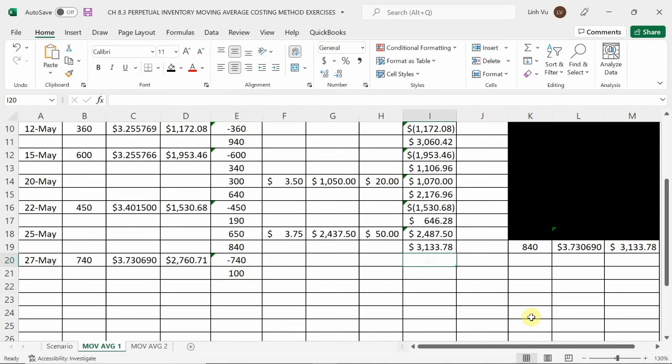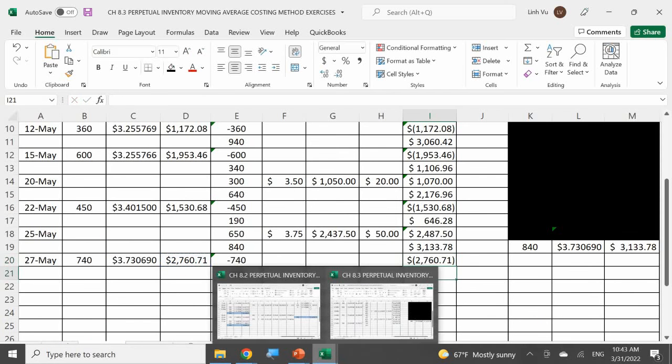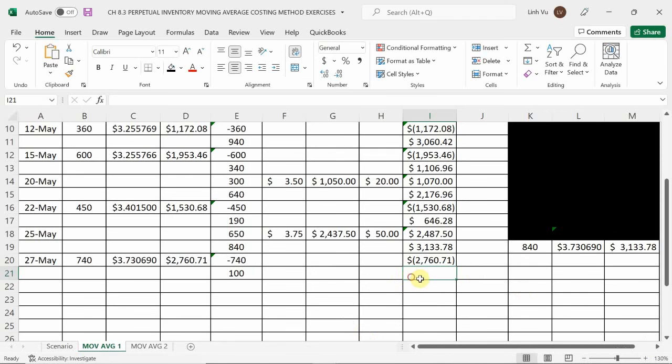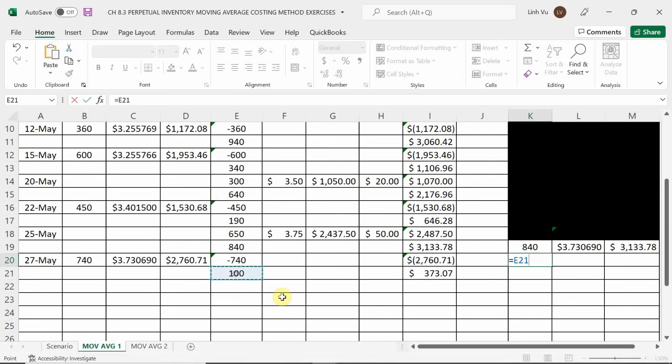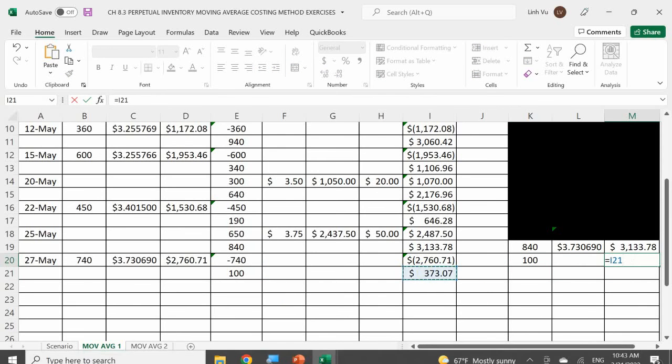3,133.78 minus 2,760.71 should give me an ending balance of 373.07, which, if you look at this, right, the average cost here, since I have 100 units, is going to cost me 373.07.